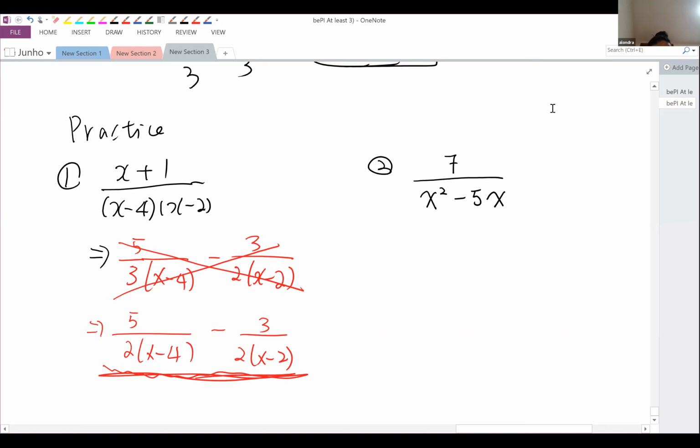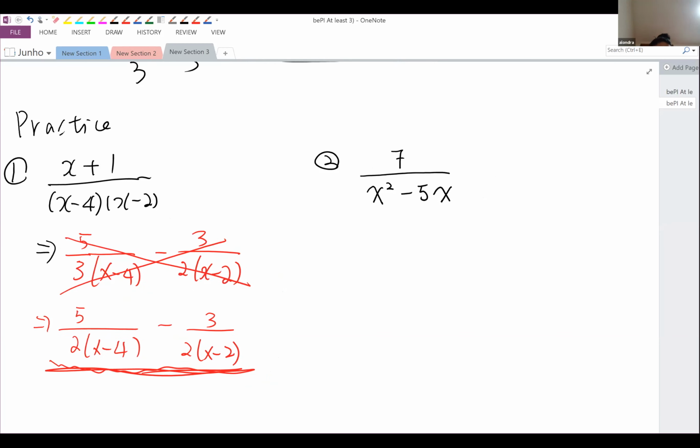Okay, for number 2, I got negative 7 over 5 x plus 7 over 5 times (x minus 5). What answer did you get? Negative 7 over 5x, and plus 5 over (x minus 5), 7 over 5.